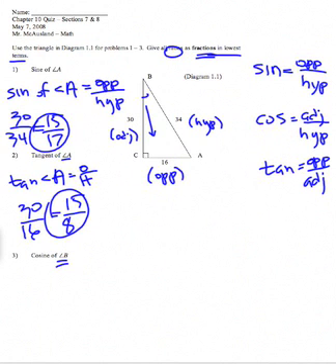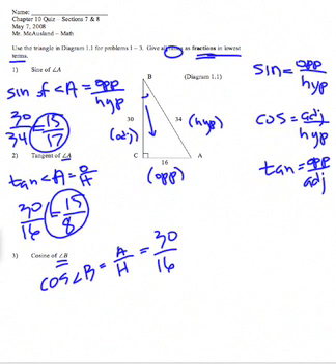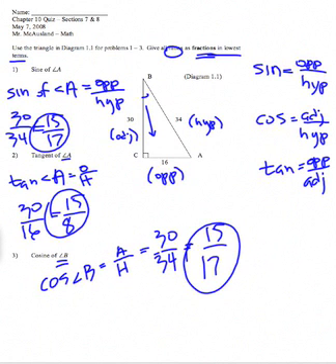When we look for the cosine, which is adjacent over hypotenuse, cosine of angle B is going to be the adjacent over the hypotenuse. In this case, the adjacent is 30, the hypotenuse is 34, and we must reduce it to 15 over 17. So the cosine of angle B will also be 15 over 17.